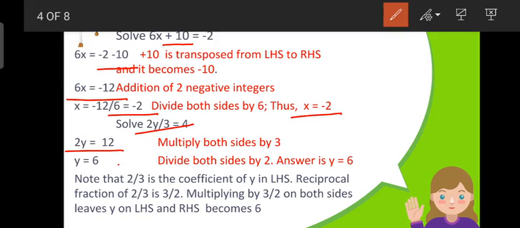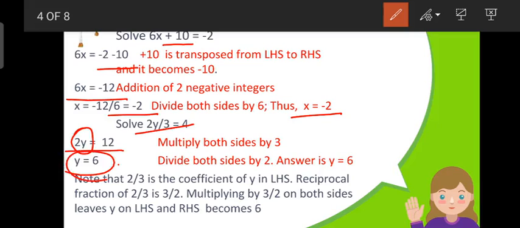And here y is equals to 12 divided by 2. Why? Because here it is 2 into y, and when it goes to the RHS side, it becomes 12 divided by 2. Because here it is a multiplication sign, and when it is transposed from LHS to RHS side, it becomes divided by 2. Therefore, y is equals to 6.